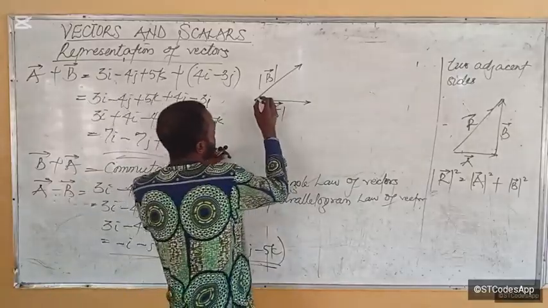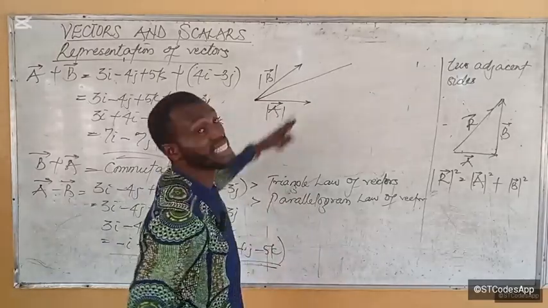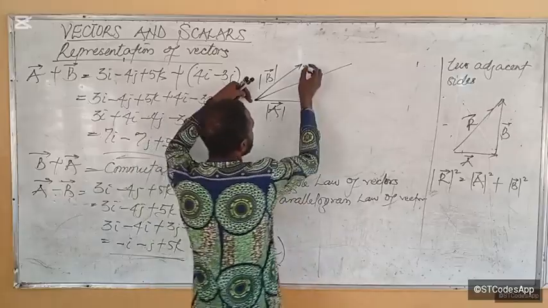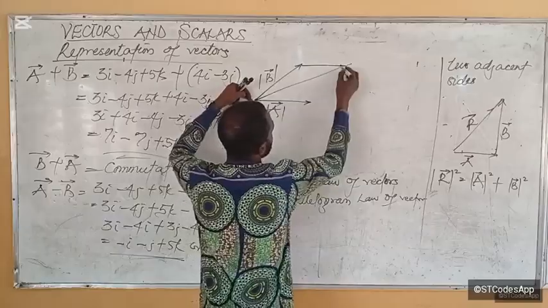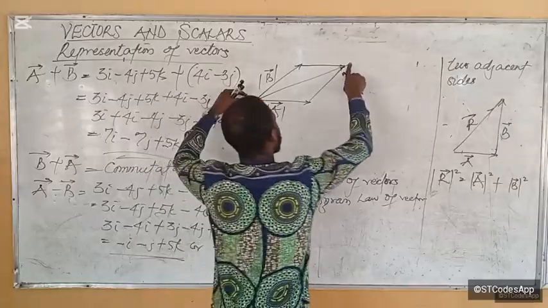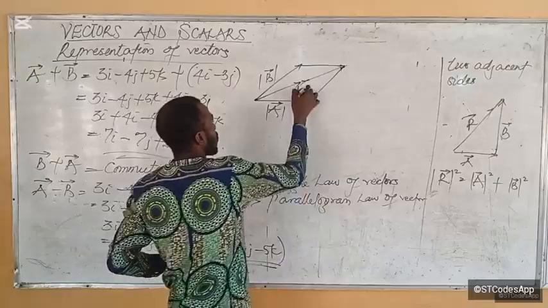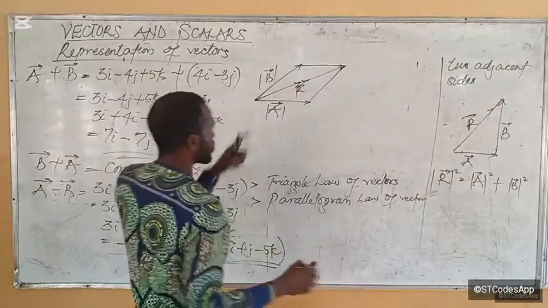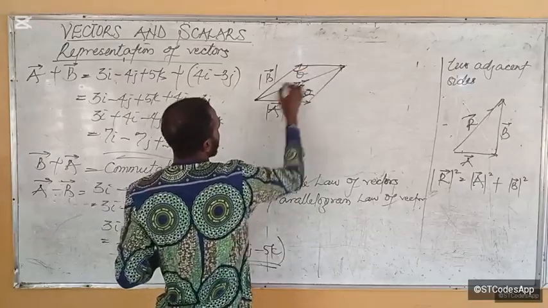It says that if the two adjacent sides of a parallelogram are represented in magnitude and direction, you know that in a parallelogram the two sides are not perpendicular to each other. They are not at perfect 90 degrees to each other. That's what it means. So if it's represented in magnitude and direction, the resultant is the diagonal drawn from the two points where they meet.